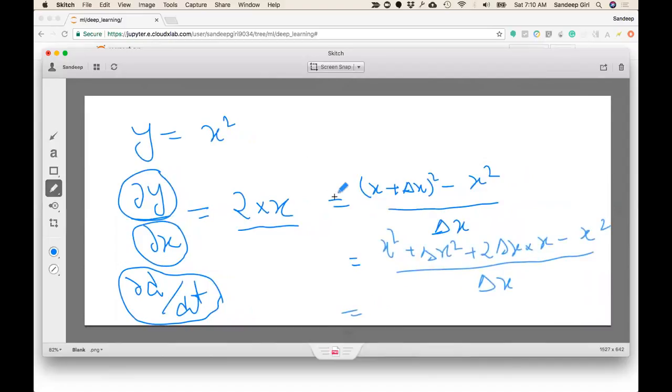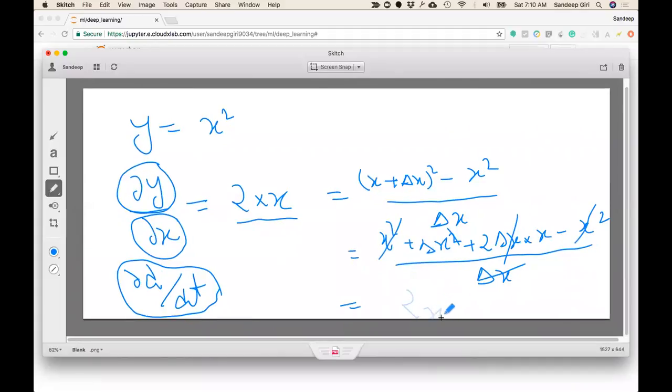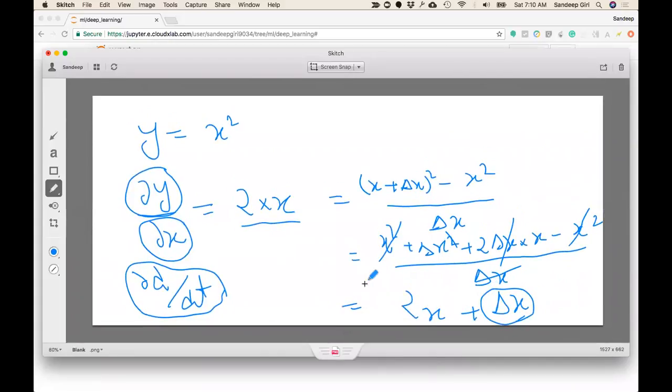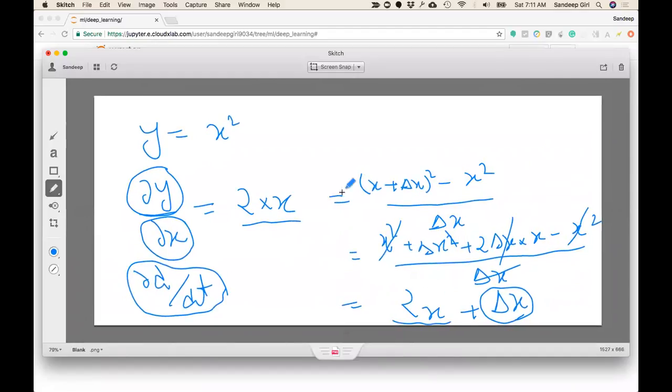So we cancel out these two terms and then we divide by delta x and we get 2x plus delta x, correct? And this term is negligible. So dy by dx is 2x, right? Here there is a condition that I'm not writing, that delta x is tending to 0.